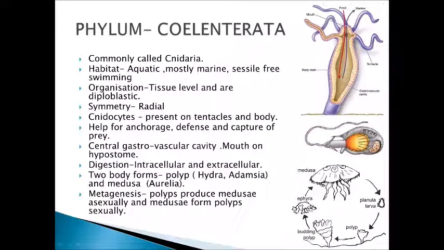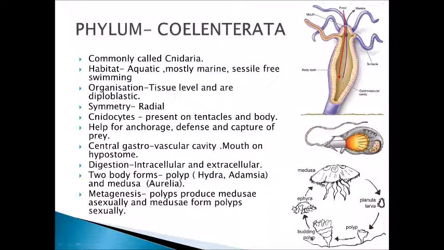Now these organisms show a change in the form or phase. Here the process is known as metagenesis, wherein the polyp form produces medusae asexually. So you can see here, this is the polyp form. It is by budding, that is asexual reproduction.